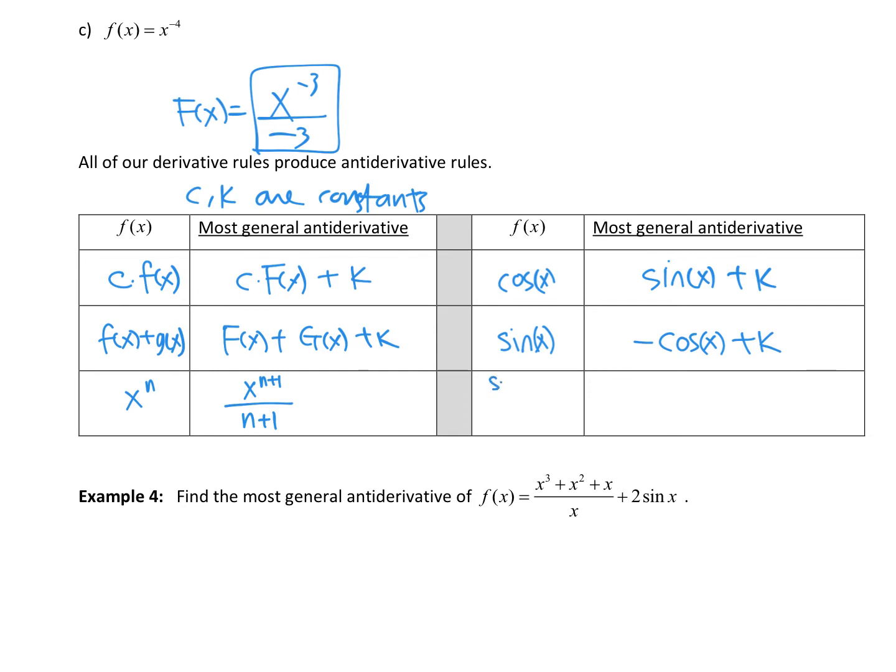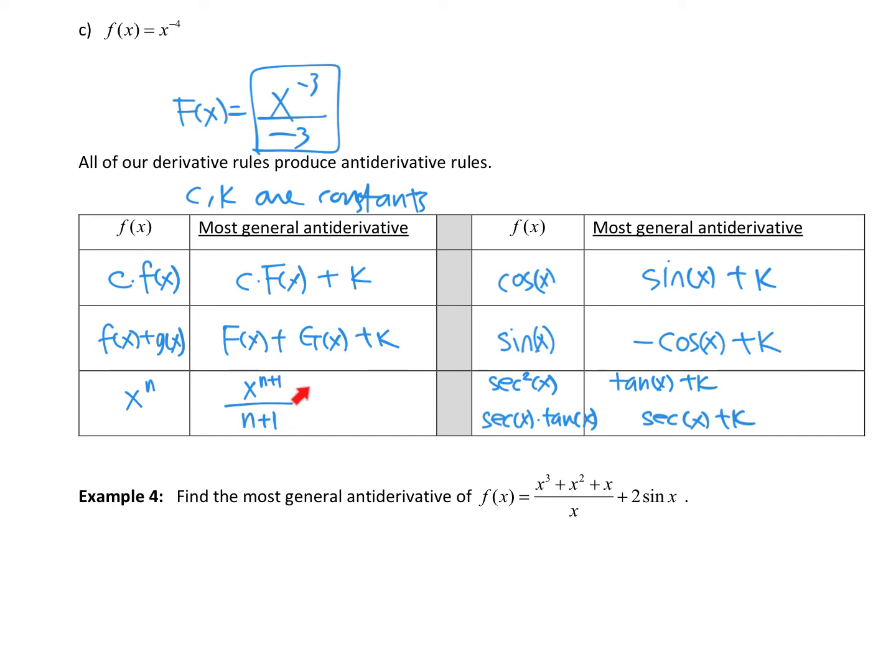And then secant squared: the derivative of tangent is secant squared, so I can say tangent x plus k. And for secant tangent, the derivative of secant is secant tangent, right? So these are useful ones.